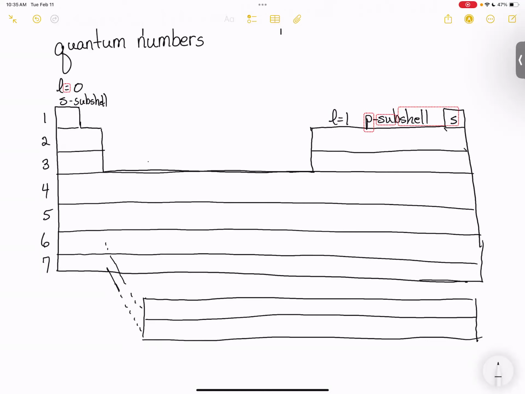Here, L equals 2, and this is the D subshell. Here, the L is equal to 3, and this is the F subshell.